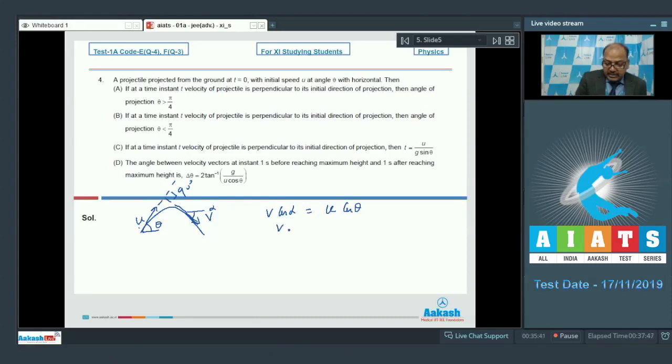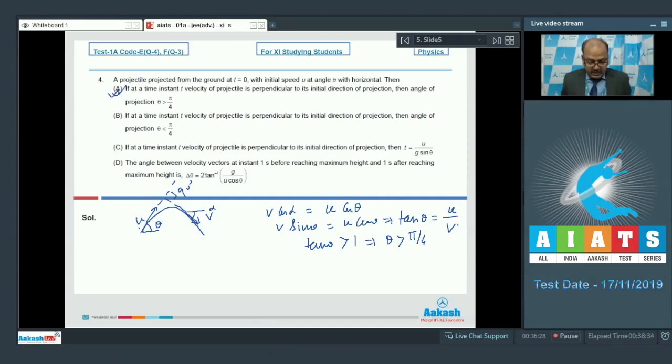So that means v sin theta equals u cos theta, and that means tan theta equals u upon v. It's very clear that v will be less than u. So which means tan theta is greater than 1, and that means theta is greater than pi by 4. Which means option A is correct and option B is incorrect.